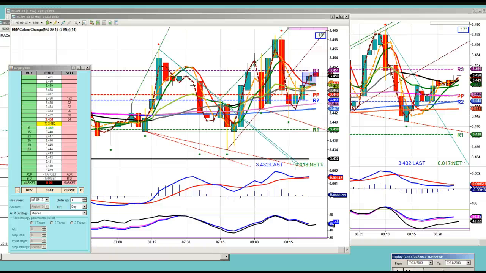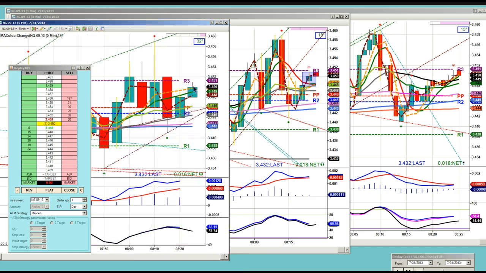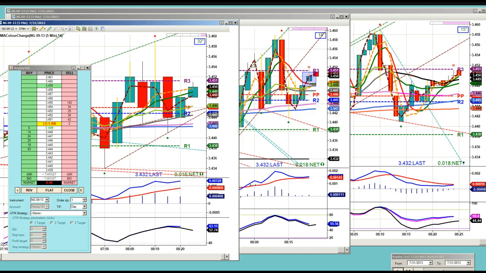Now you can see that my 3 minute has changed to green and the candle is above the HMA. So all I need is a green candle here and I am good to go just with this scenario. So I could use just a 1 and a 5 minute, I could use just a 1 and a 3, or I could use a 5, 3 and 1.